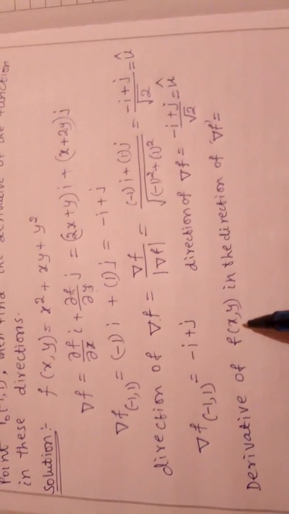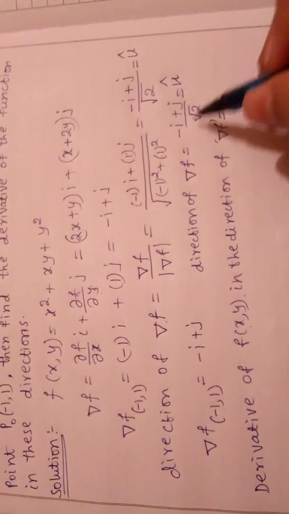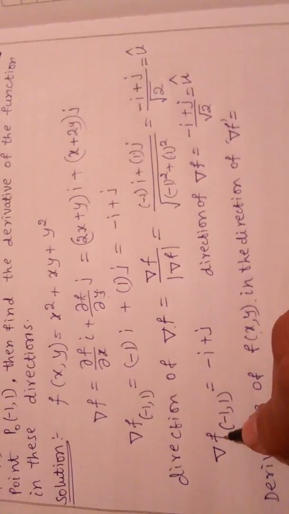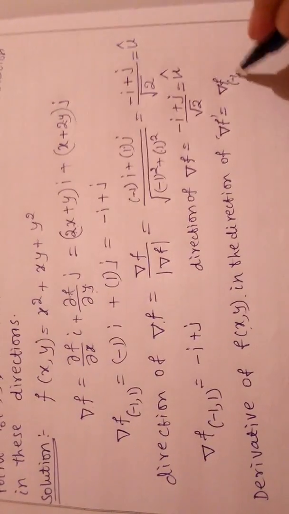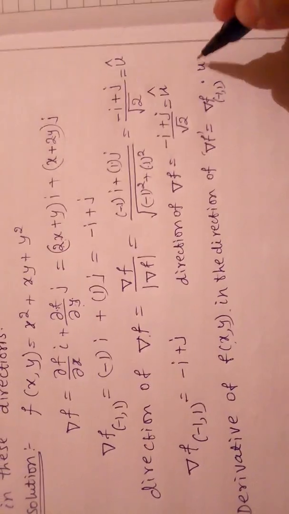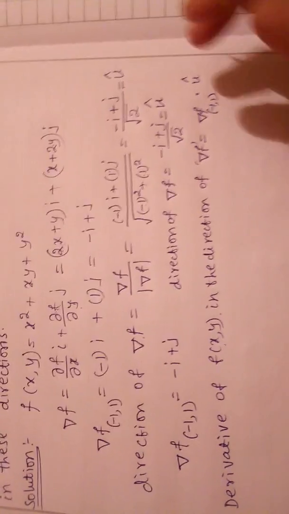It is equal to the gradient vector f at (-1, 1) dotted with the unit vector u cap. This is the formula for the directional derivative.